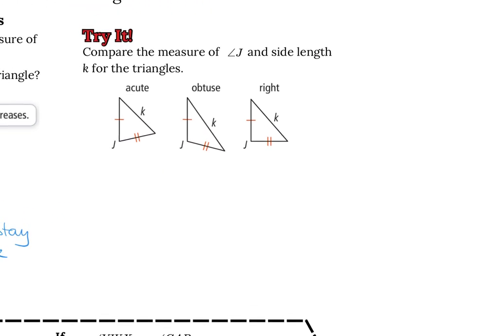All right, our try it. Compare the measures of angle J and the side lengths of K for the triangles. Okay, so we can see that as our triangle is changing from acute to obtuse to right, our side lengths are increasing, or from acute to right to obtuse, I guess I should say.